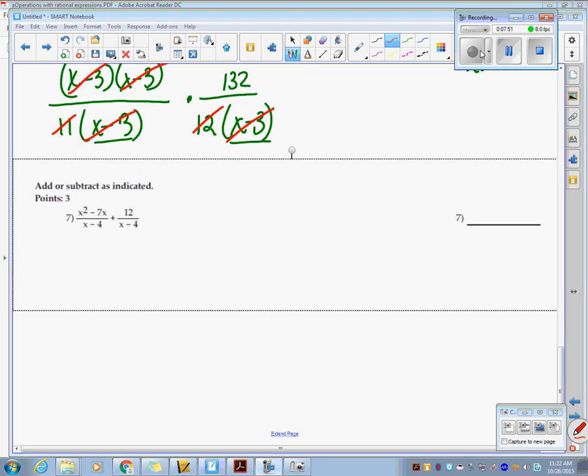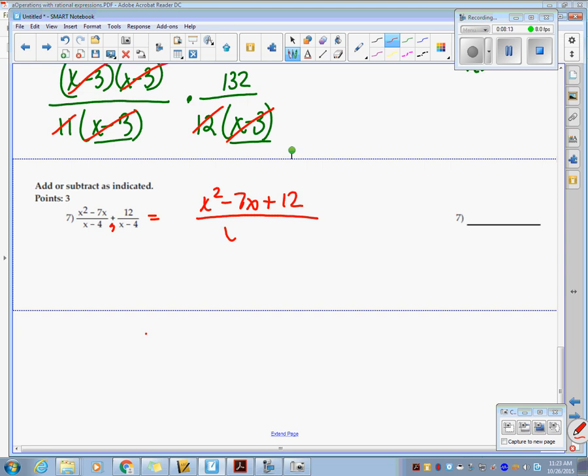Okay, so for question number 7, this is adding now. So we have to find a common denominator, and this denominator is common. So we really just need to put these two together. So it is x squared minus 7x plus 12, and the denominator is x minus 4.